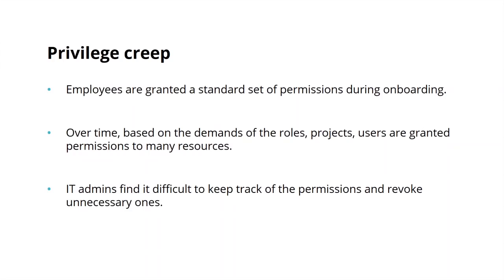Otherwise, there are chances that users might have access to top level security groups or critical folders and files that are no longer necessary for that role, right? So periodically tracking the permissions assigned to users for a specific project and then revoking them after the project is complete will resolve the problem, but that task can be tedious. So what can you do? What is the solution to this?